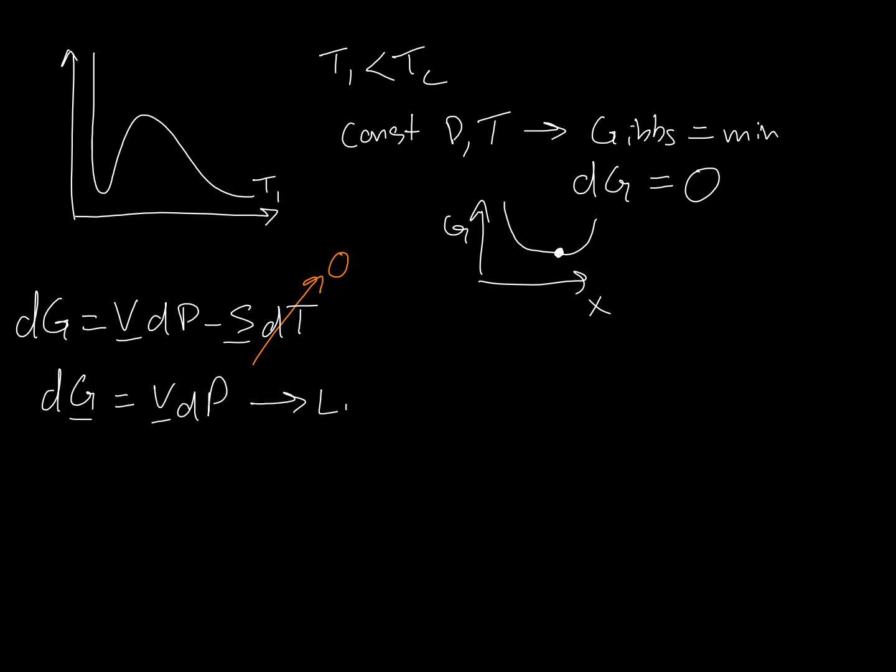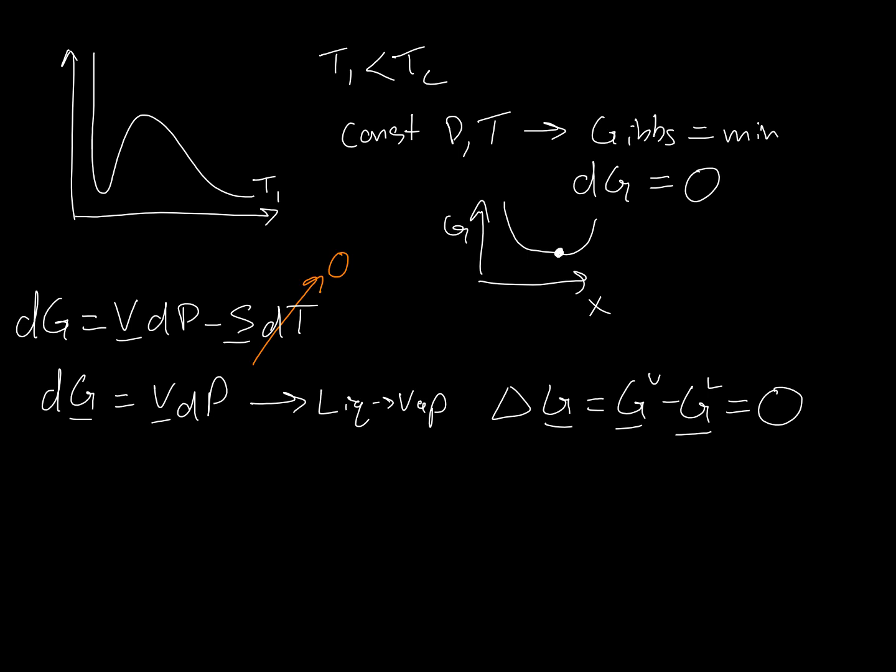So if we want to go from a liquid to a vapor, we'll write delta G is equal to G of the vapor minus G of the liquid, which is equal to 0, because the Gibbs free energy is constant across the phase transition.